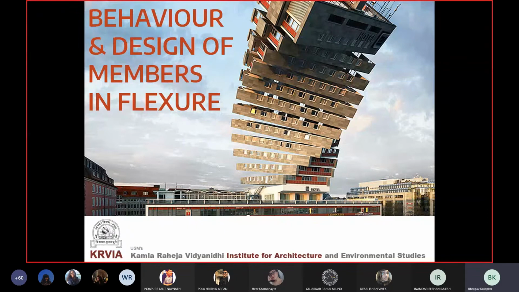So what we are going to do from this point is we are going to learn about different structural elements individually, meaning that we are going to learn about beams, slabs, columns, and footings. Okay, so we are dealing at an element level right now.